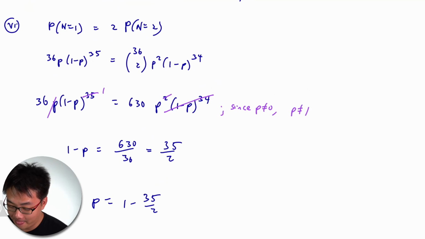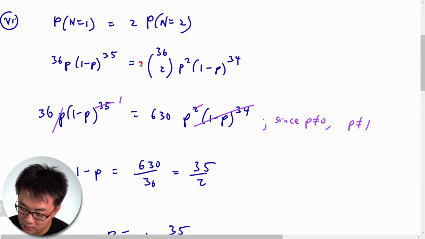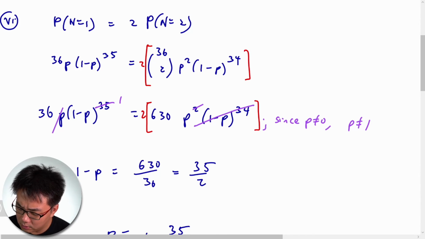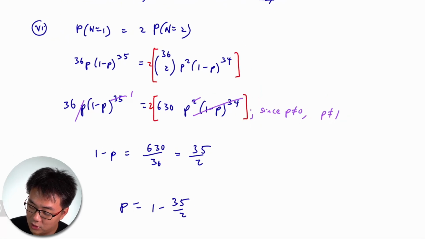Let's see. 36. Oh crap! I never put a 2. No wonder. Missed out the 2, man. Times 2. Okay. Doesn't make sense at all. It's twice.